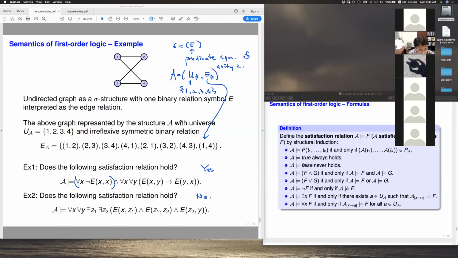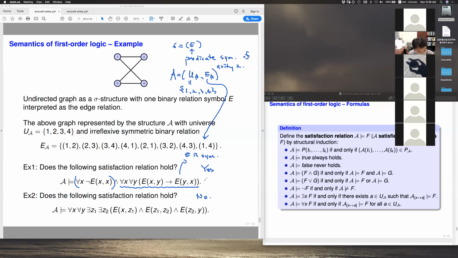And then the second conjunct says that for every x and y, if x, y are related by E, then y, x should be related by E. This means our relation E is symmetric. And that is the case. This E of A is really encoding the symmetric relation expressed by this undirected graph.